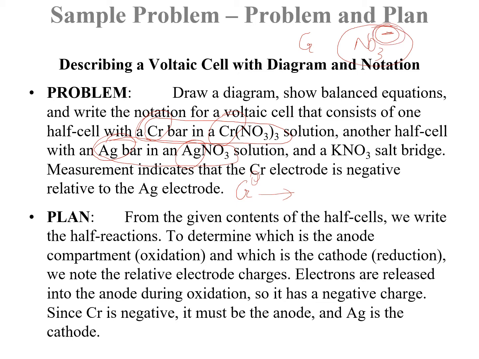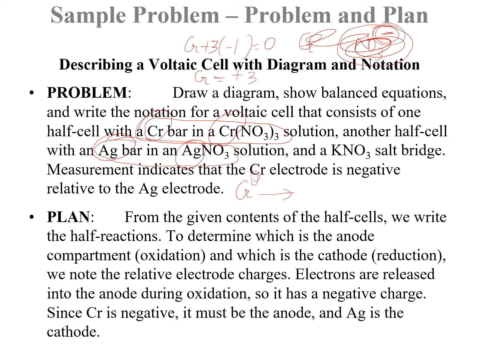If I'm trying to identify the charge of chromium in chromium nitrate, I have 1 Cr plus 3 nitrates, each carrying -1, so 3 times -1, equal to 0. Why 0? Because in total it's a neutral compound, so that rule still applies. So Cr minus 3 equals 0, meaning Cr is plus 3.